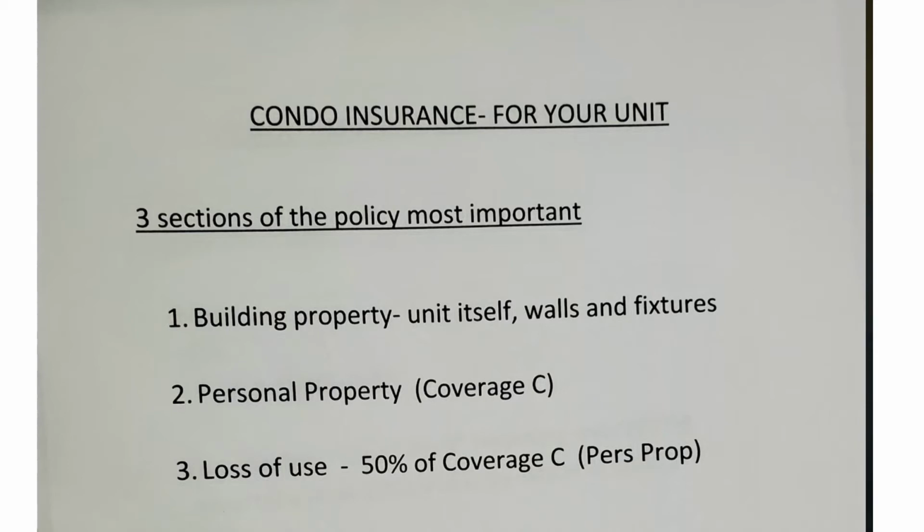Loss of use pays for you, for the meals, for any type of lodging, hotel, motel, apartment that's needed because of the loss of use of your condo unit. So if you have to have a lot of damage repaired, you're not going to be able to live there when the workers are doing their thing to get everything fixed. Also, if you have water or any other type of damage and a restoration company, it's probably not advisable to live there.